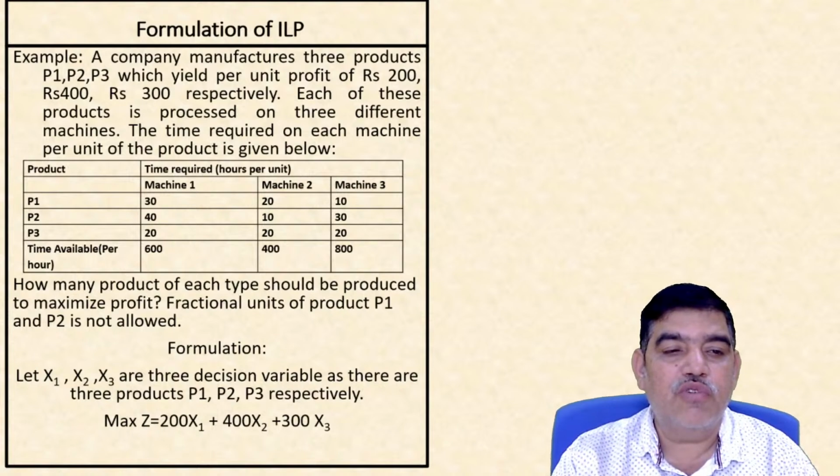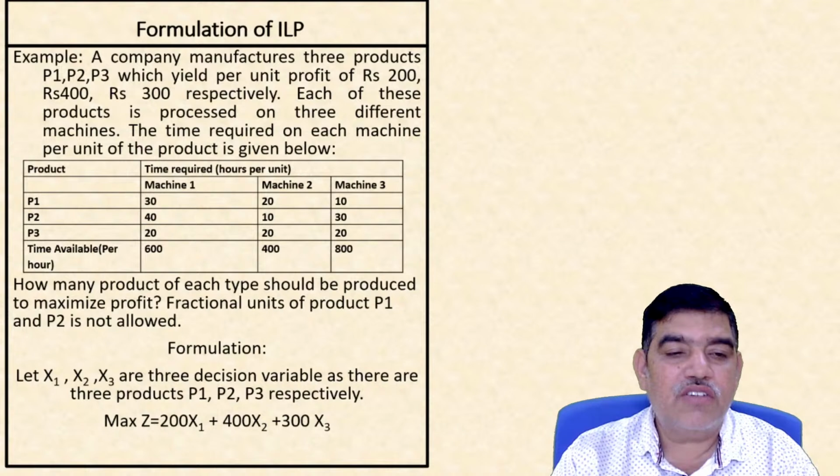In machine 2 for product P2, that is 10, meaning 10 hours. And again, machine 2 for product 3, that is 20. In this way, machine 3 for P1, that is 10. Machine 3 for product 2, that is 30. Machine 3 for product P3, that is 20.